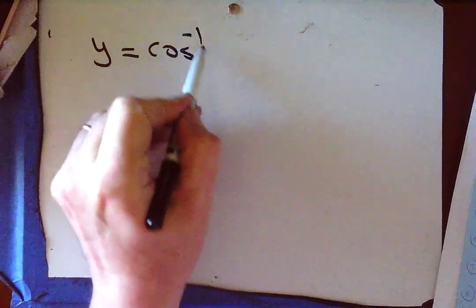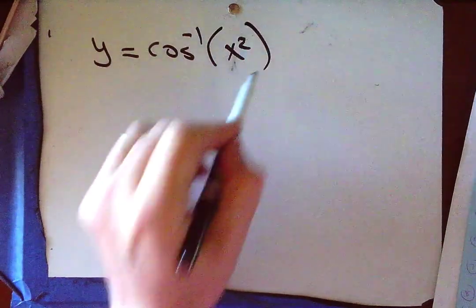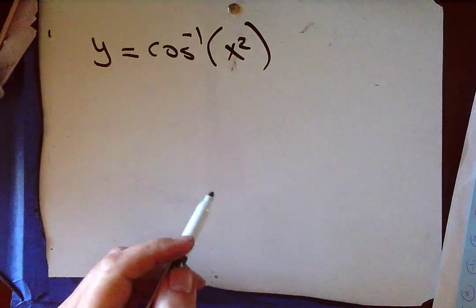Okay, so will you find the derivative of this? Y equals cosine inverse of x squared.